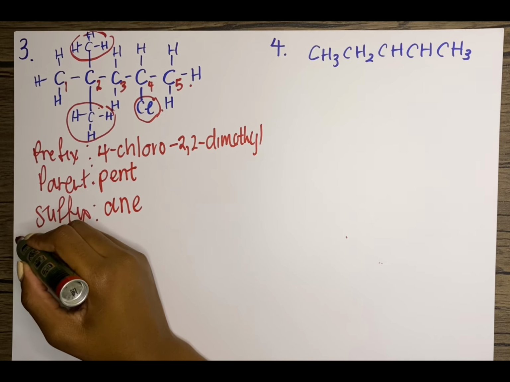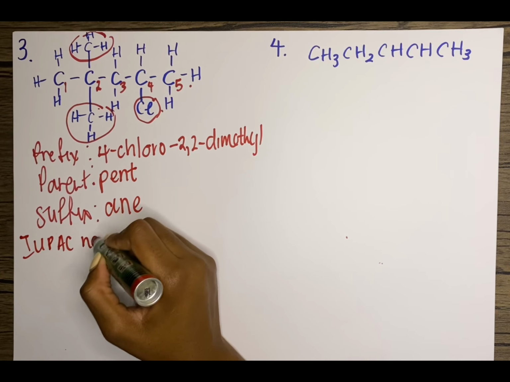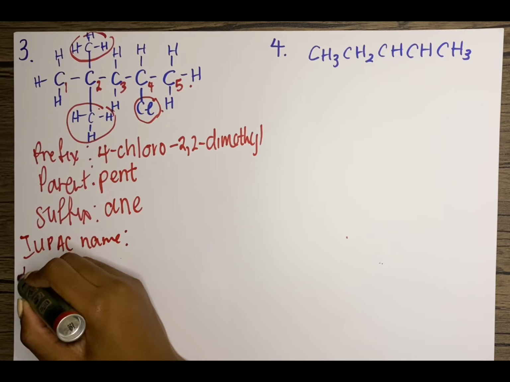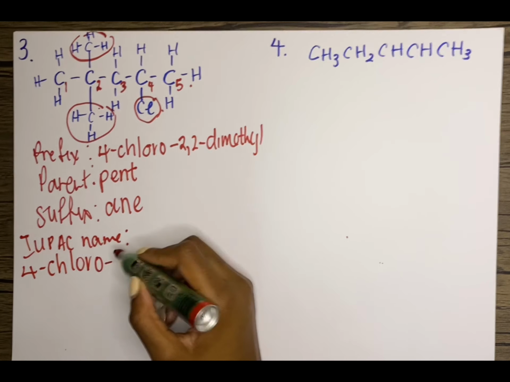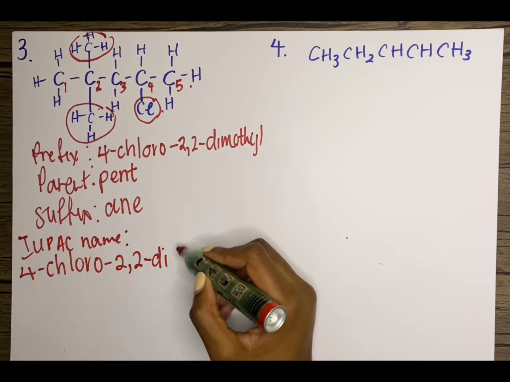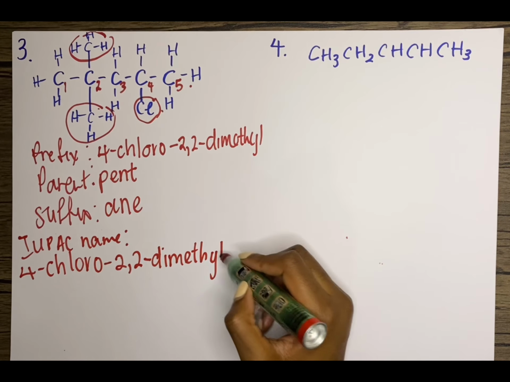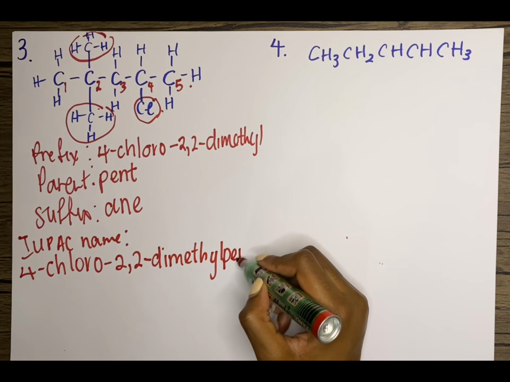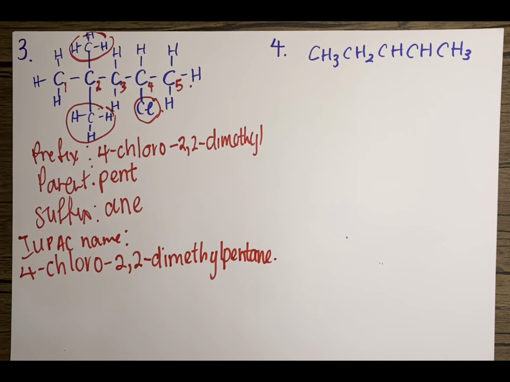So that's the IUPAC name, 4-chloro-2,2-dimethylpentane. So you notice that the comma is only between 2 numbers, and the dash is between a number and a letter, right? That would be my IUPAC name.